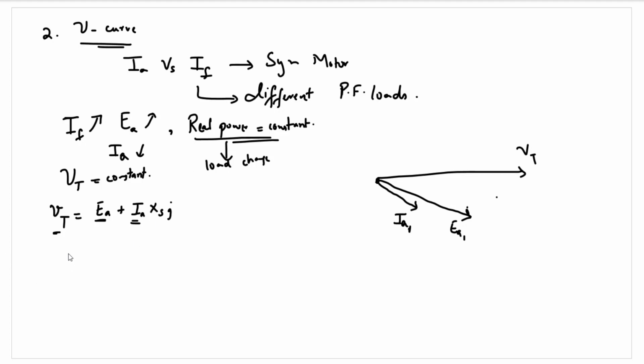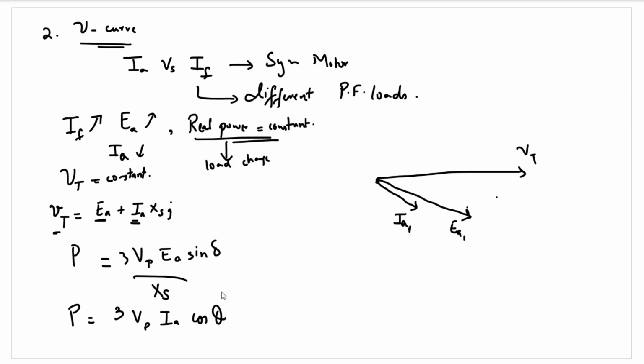Power is constant. We have derived two equations for power. Power equals 3 times Vp Ea sine delta divided by Xs, and power is also equal to 3 Vp Ia cos theta, where delta is this angle and theta is this angle.